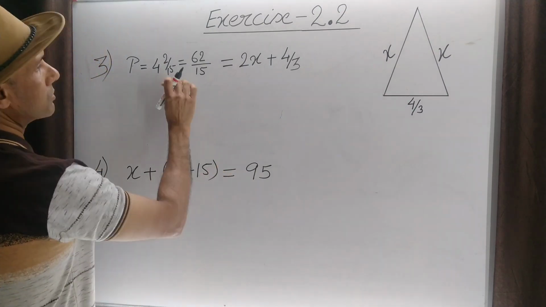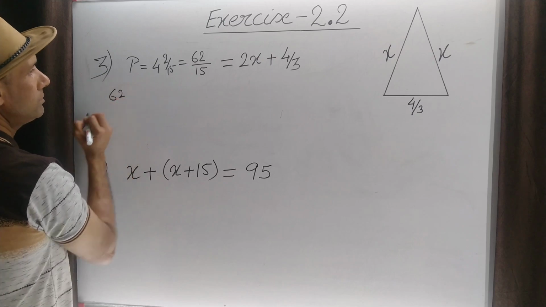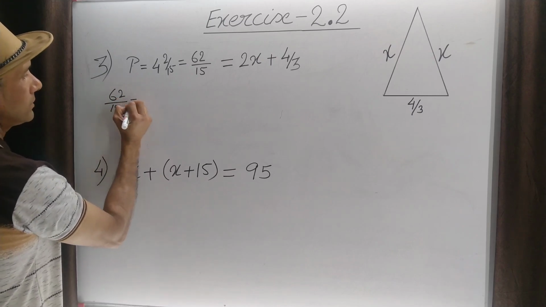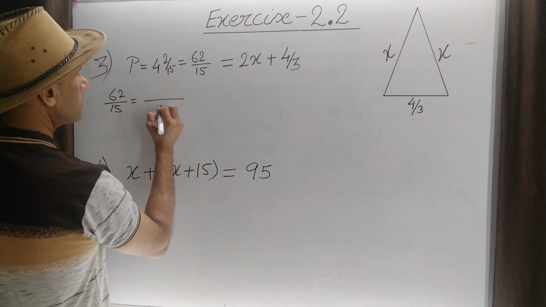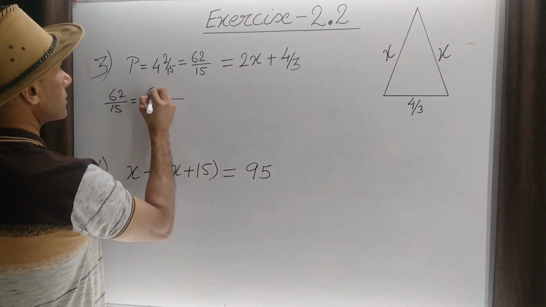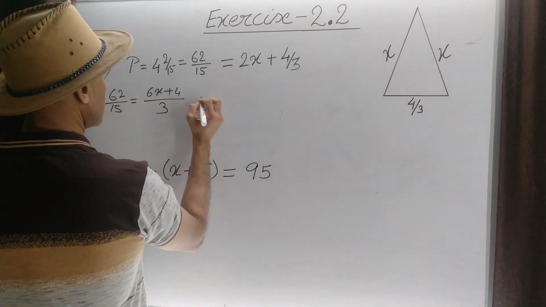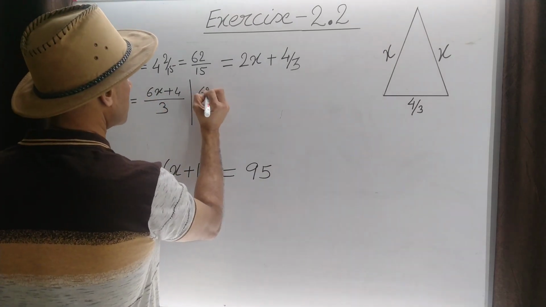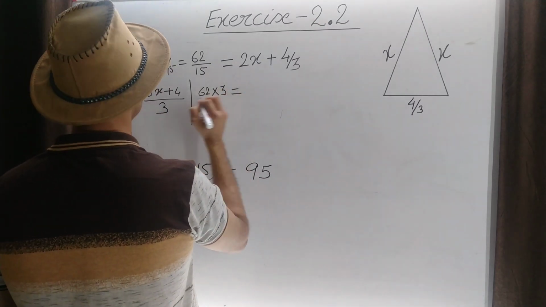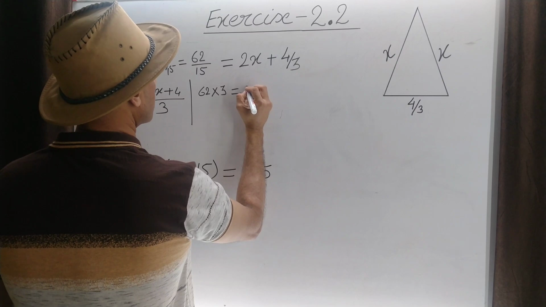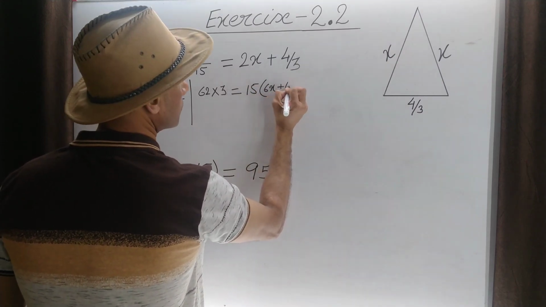Let's solve this. So we can write this as 62 by 15 is equal to, with common denominator 3, 6x plus 4 by 3. Correct? This can be written as 62 into 3 is equal to 15 into 6x plus 4.